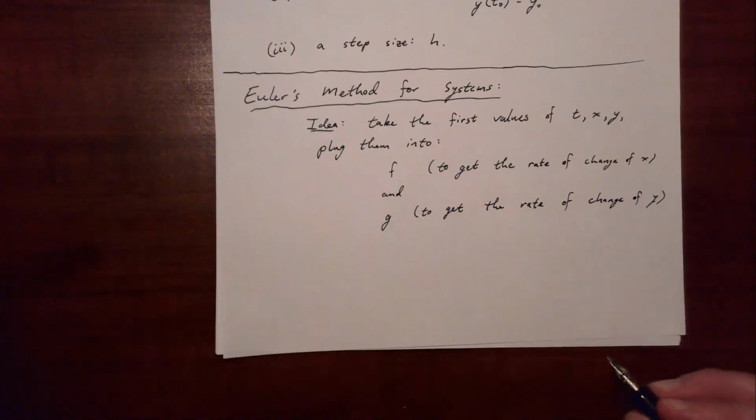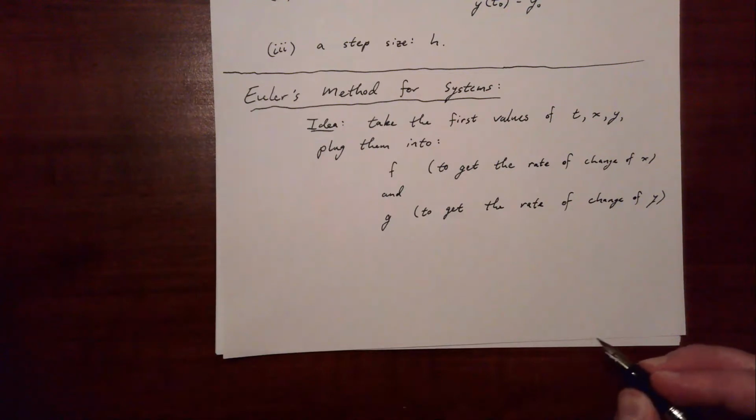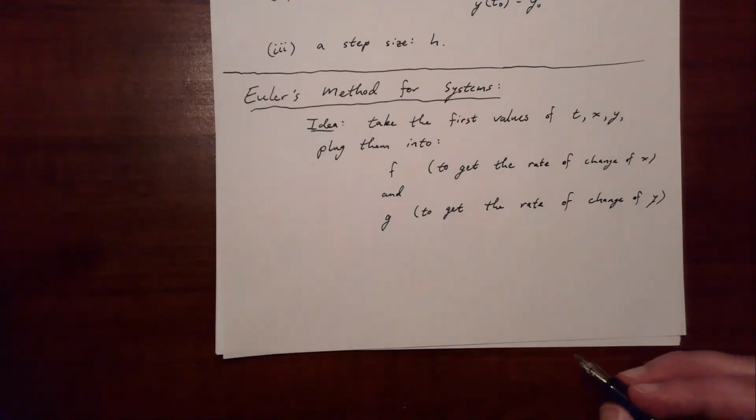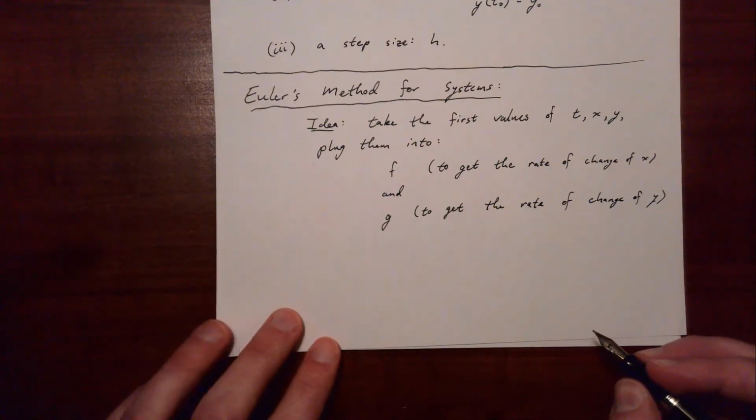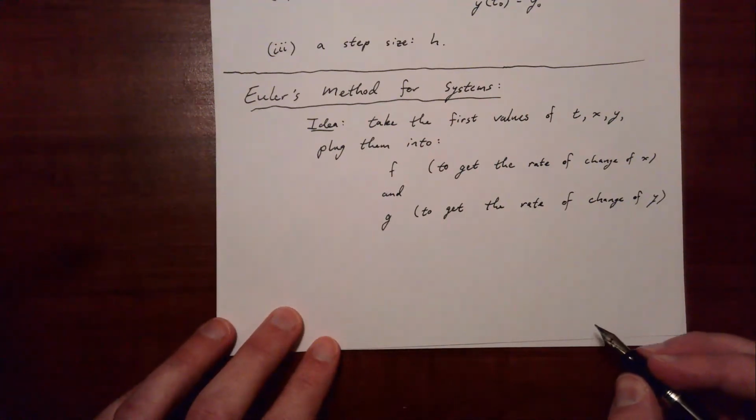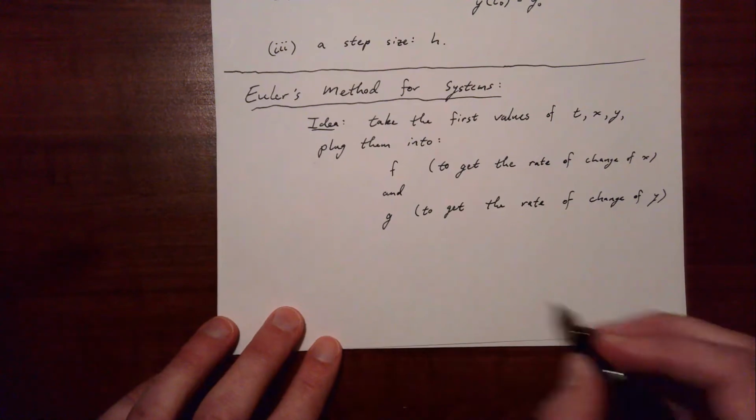And then we are going to take those rates of change literally and just get the next x and the next y by just stepping that far in the x direction and that far in the y direction.